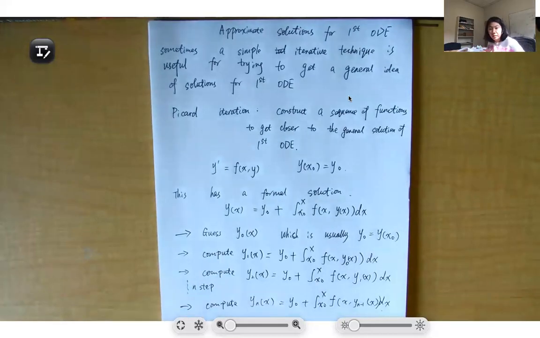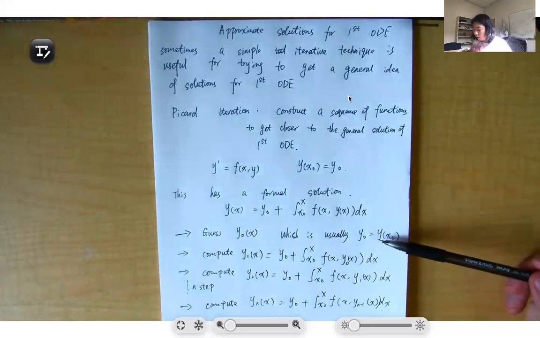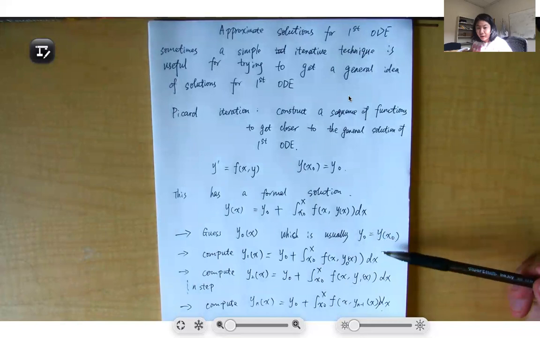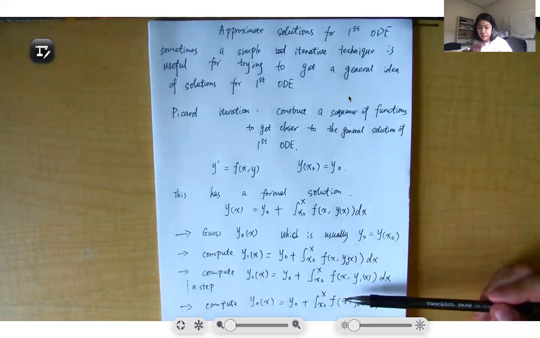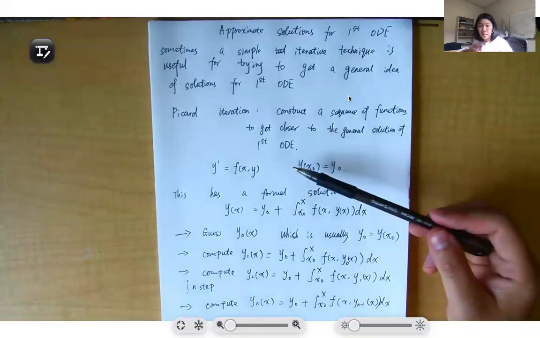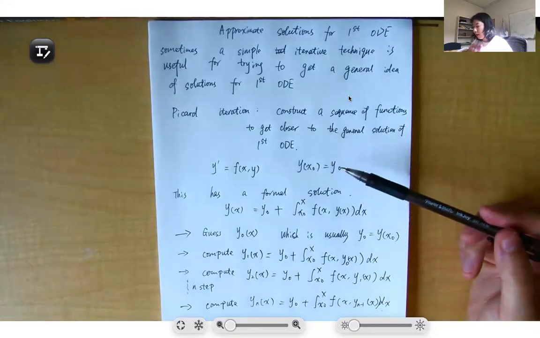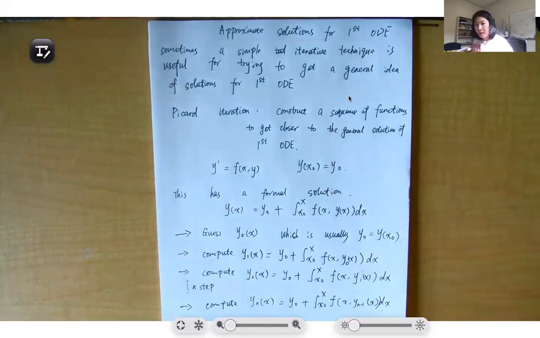So this is the Picard iteration. Of course, as you go to larger n, with many steps, the Picard solution at step n will be closer to the general solution of the first order ODE. We will make an example of how to use Picard iteration, but this is the general form.